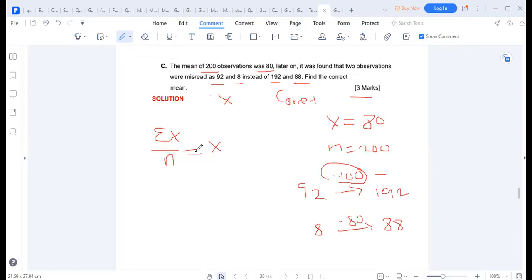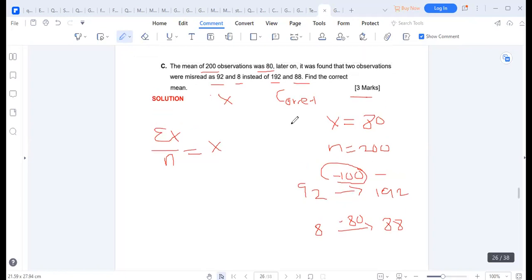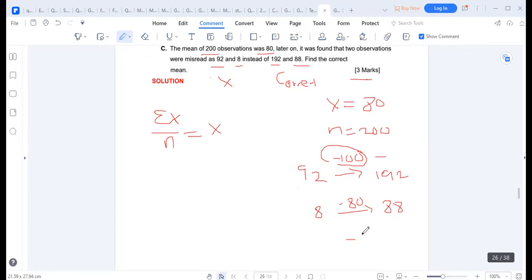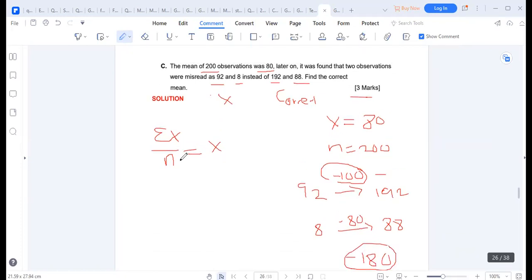So first of all, we need to conclude basically that we understated our figures collectively, by 180 collectively. So we need to calculate the sum total and subtract the 180 there. So our summation of x is given by n times x̄.